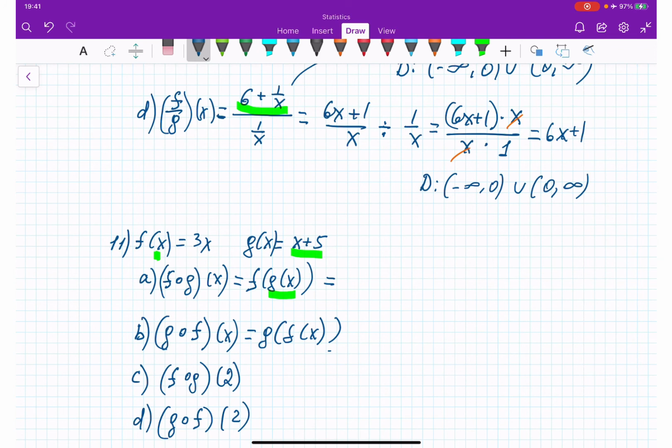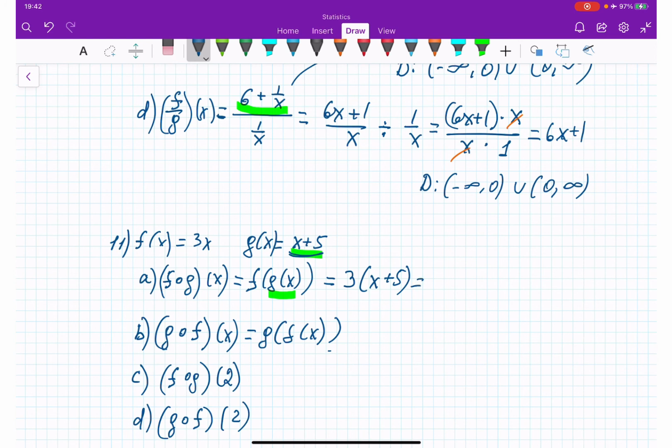So f of x is 3x, right? My f of x is 3x. All right? So 3, and instead of x, I'm going to plug this x plus 5, because I'm plugging g of x, and g of x is x plus 5. There we go.